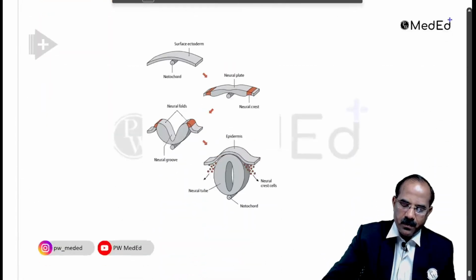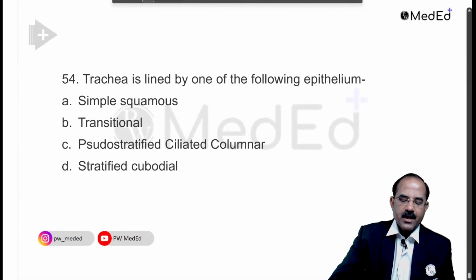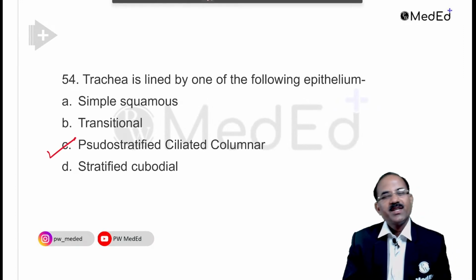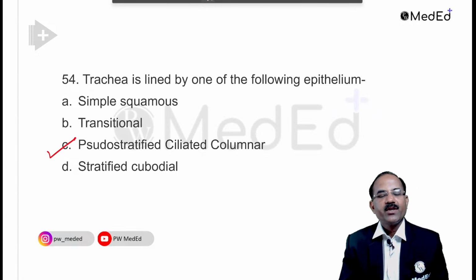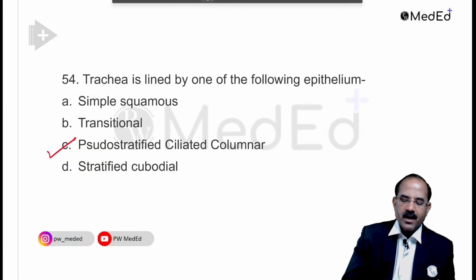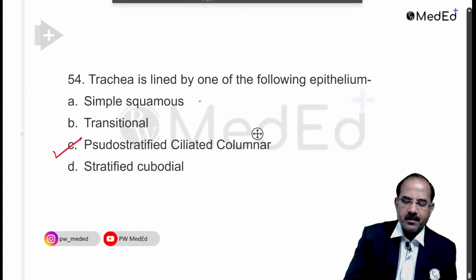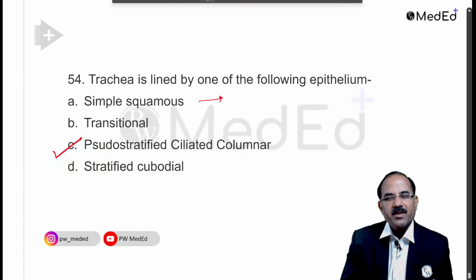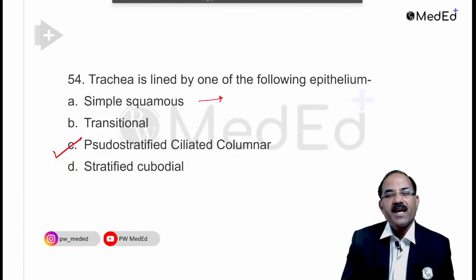Number 54. Trachea is lined by one of the following epithelium. What is the answer for that? Pseudostratified ciliated columnar with goblet cells is the epithelium of trachea. Simple squamous epithelium lines the blood vessels, that is known as endothelium.